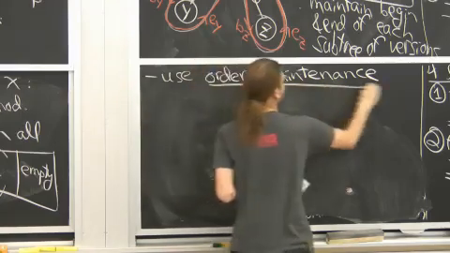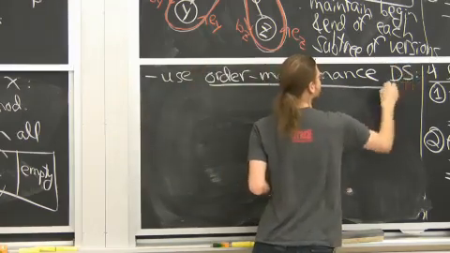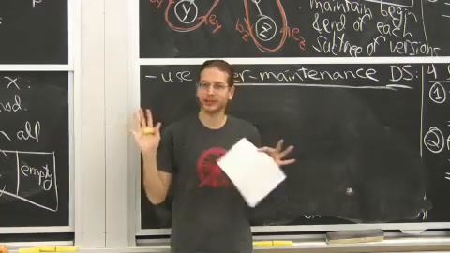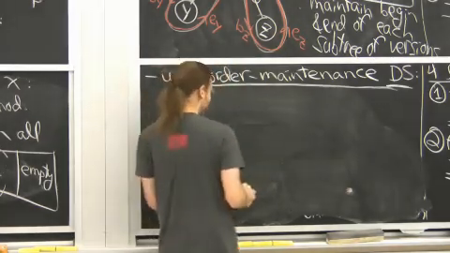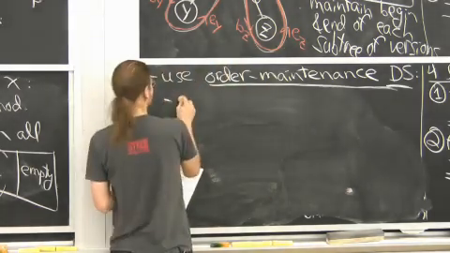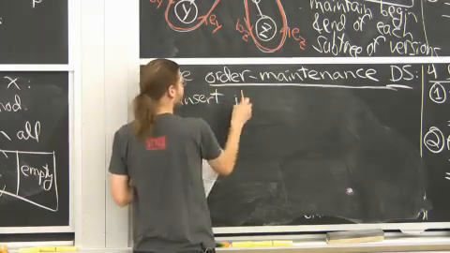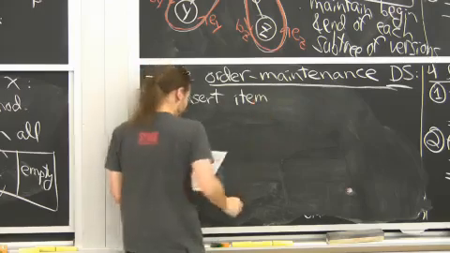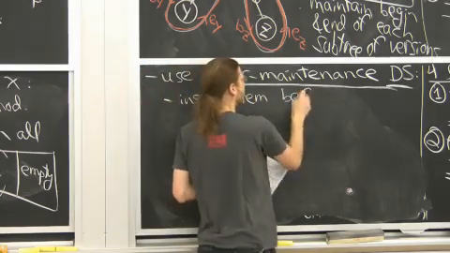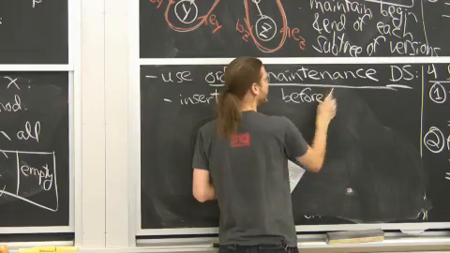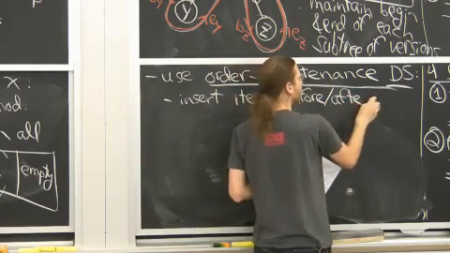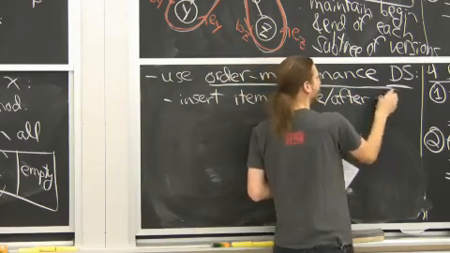So, an order maintenance data structure. You can think of this as a magical linked list. Let me tell you what the magical linked list can do. You can insert, I'm going to call it an item because node would be kind of confusing given where we are right now. You can insert a new item in the list immediately before or after a given item.